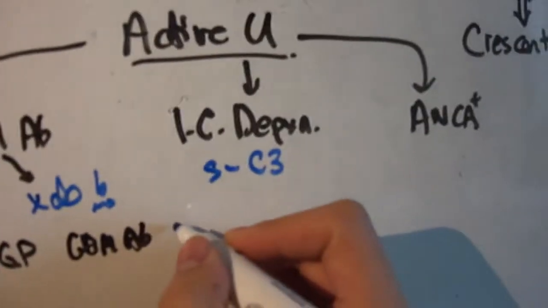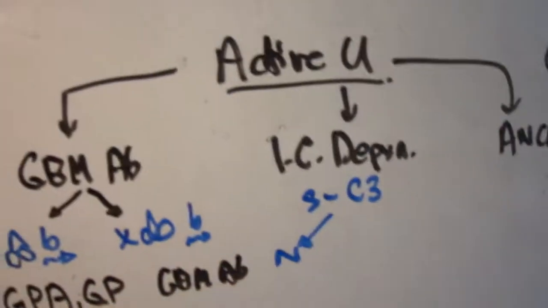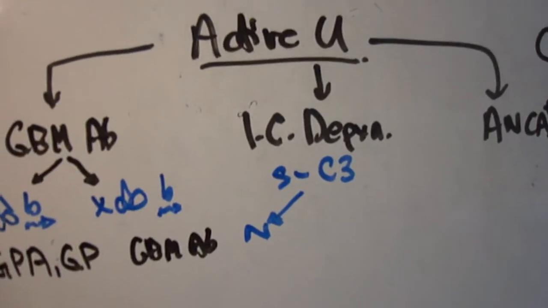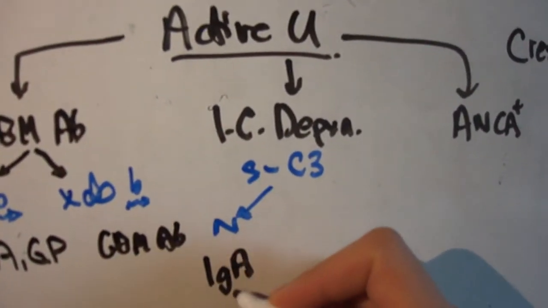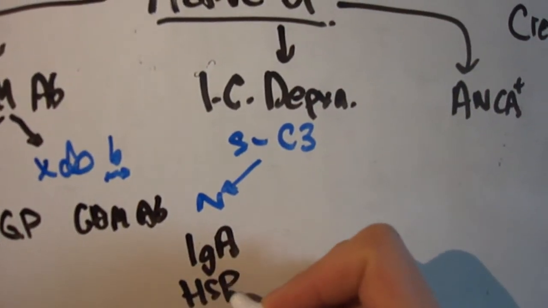Okay? If the serum complement levels are normal, then it means that the complement is not being deposited in the glomerulus. And things that do this are IgA nephropathy and a type of IgA called Henoch-Schönlein purpura.